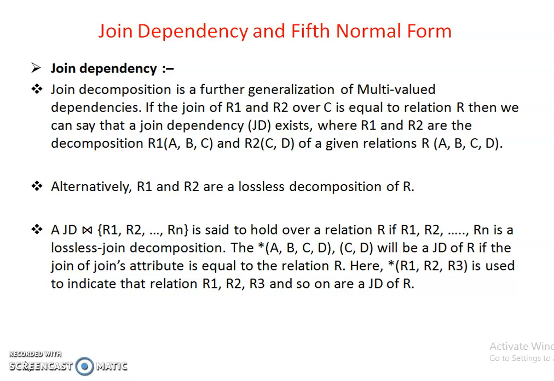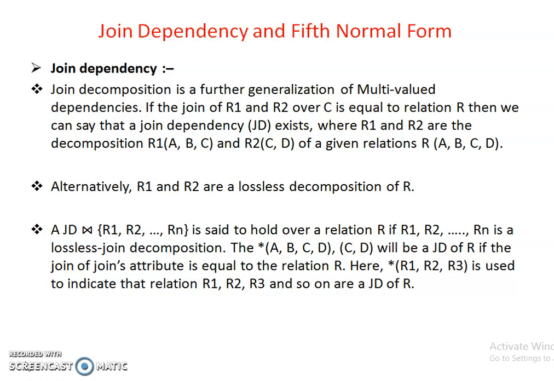So the join dependency plays an important role in fifth normal form, also known as project-join normal form, because it ensures that if a schema R is decomposed into tables R1 to Rn, the decomposition will be a lossless join decomposition.